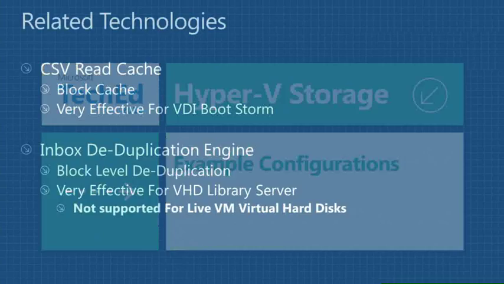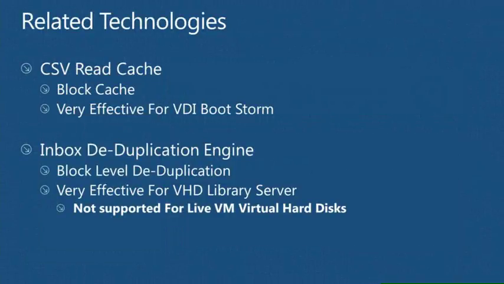There's another feature called dedupe. There was dedupe previously in Windows Server, which was single instancing, that worked at a file level. With Windows Server 2012, you have the ability to do it at a block level. This is really interesting for static VHD files.